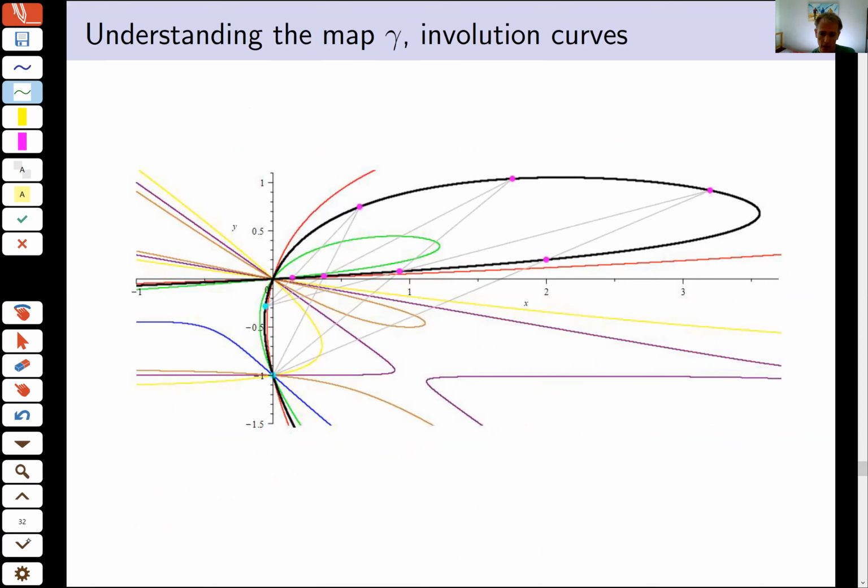So we can think of this map as a composition of two involutions, sending first involution, sending this point to that point. Then the second involution, there's another involution point there, sending that point to that point. And that is then one iterate of the map as a composition of two involutions.